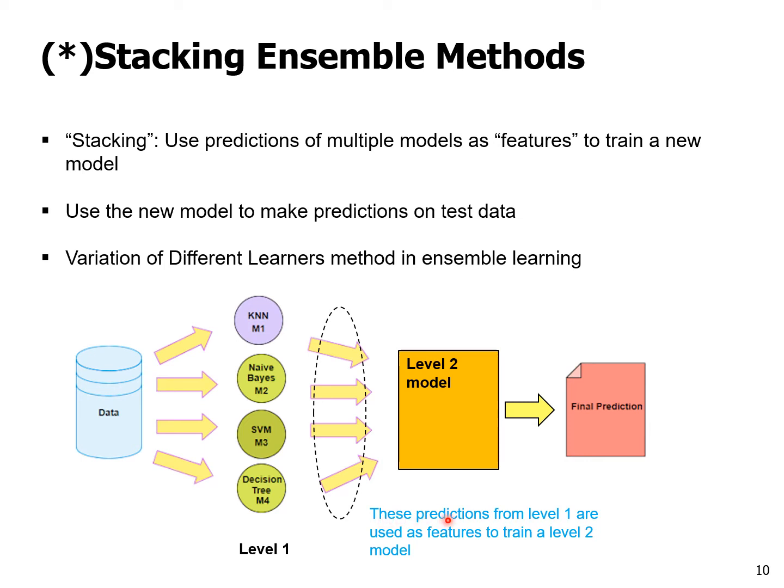So these predictions from level 1 are used as features to train a level 2 model. So simply put, the combining method of prediction values in ensemble with different learners is replaced by another classification algorithm. Okay, that's the difference between different learners and the stacking method.